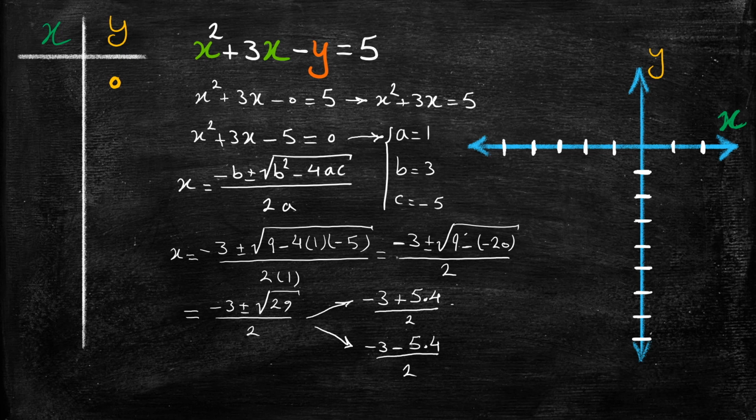So one answer is about 1.2 and the other answer is about negative 4.2, roughly speaking. So these are the two values we get for x. So when x is 1.2, y is 0, or when y is 0, x can be 1.2. Also, when y is 0, x can be negative 4.2.